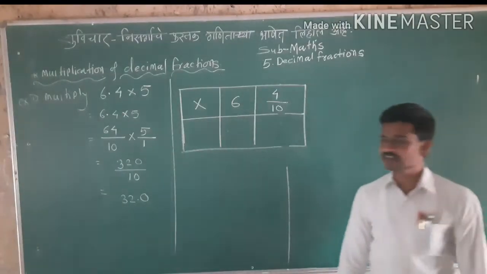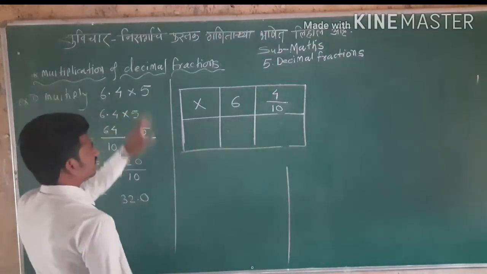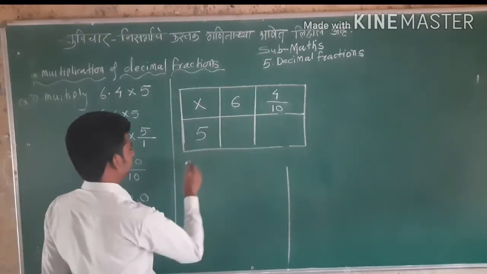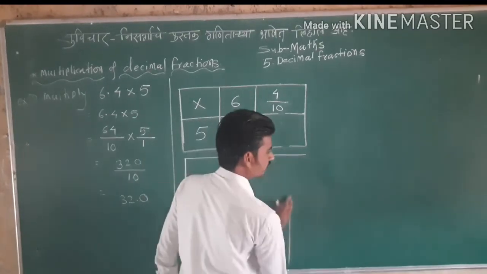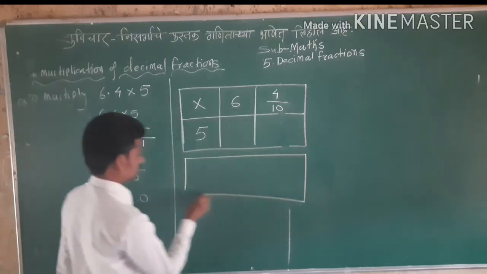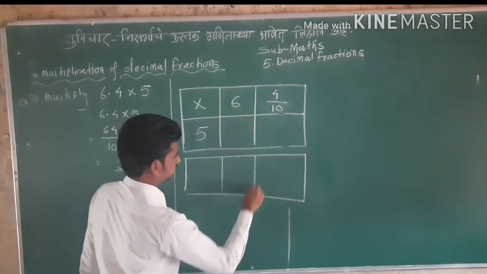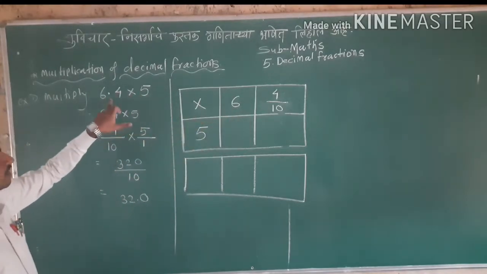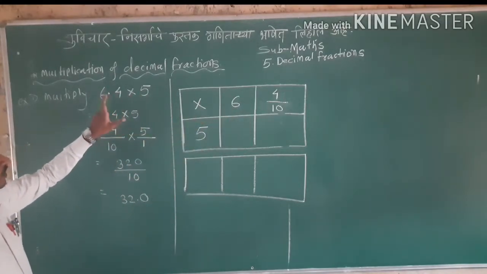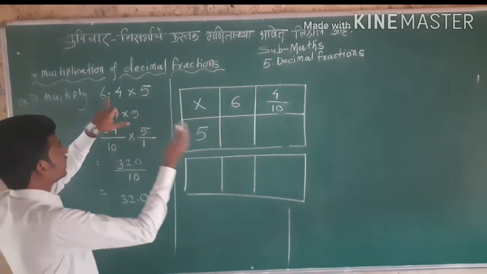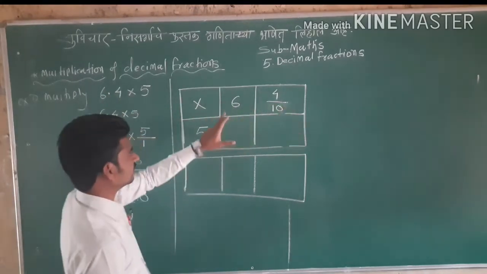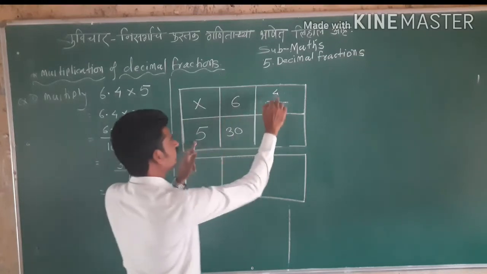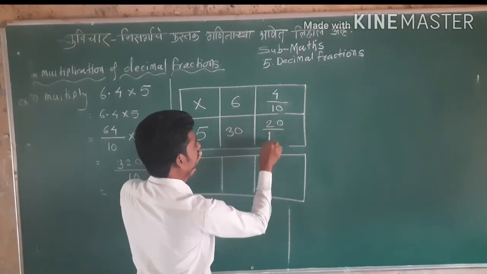The multiplier number is 5. We write 6 here because 6 is the integer number. In 0.4, after the decimal point there is 4, so we write denominator 10. So 5 into 6, 30. 5 into 4, 20 upon 10.